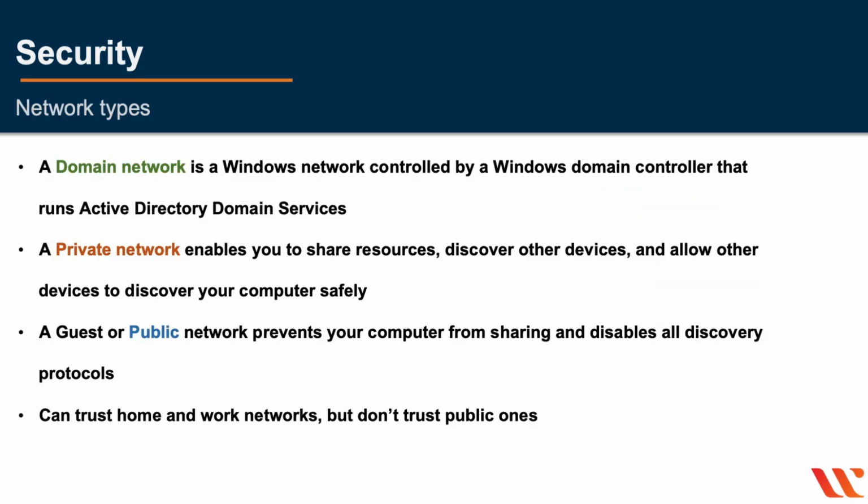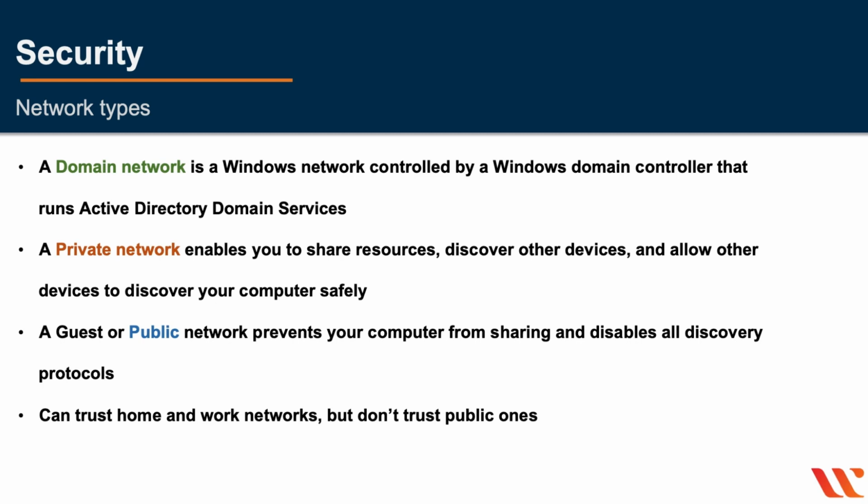Now when you're working with the Windows Defender firewall, there are certain keywords and key terms that you can use that define whether a network is trusted or not. So these are the definitions that are provided by Microsoft, and these have been around for a few versions of Windows. So initially you can identify based on the domain, private, guest, or public. A domain network is a Windows network that's controlled by a Windows Domain Controller that runs Active Directory domain services.